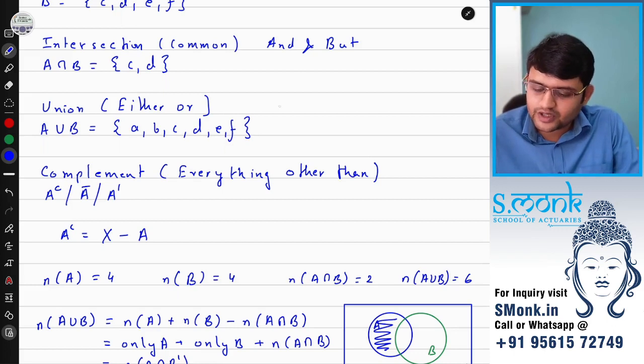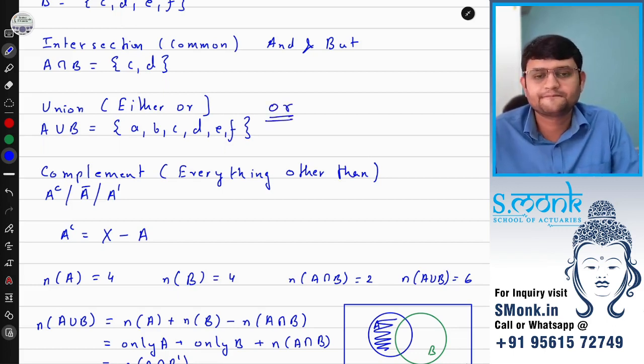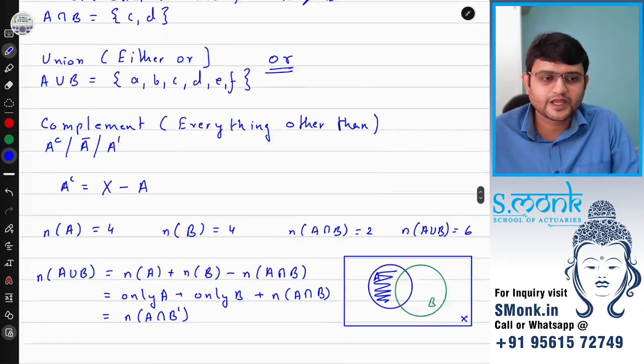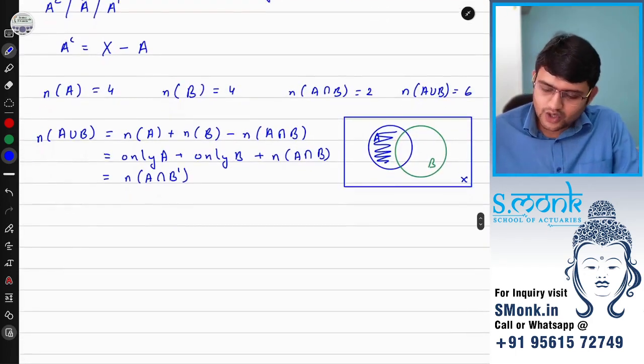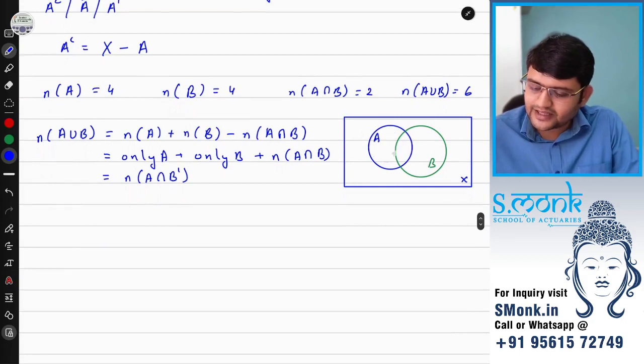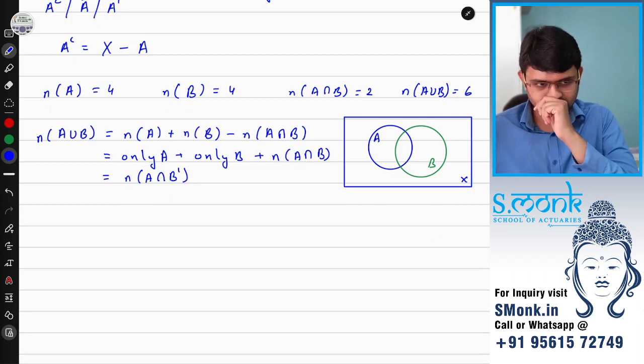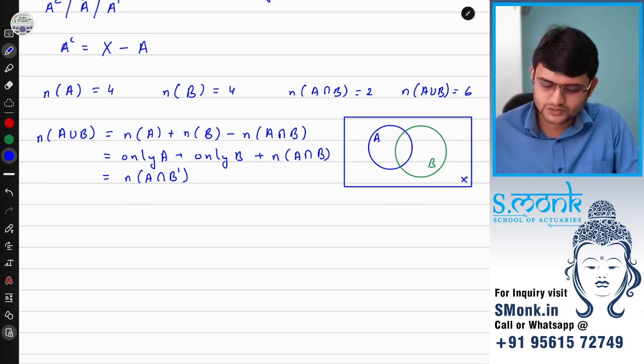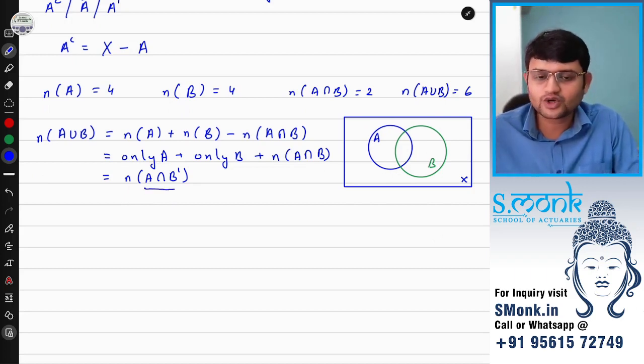Similarly, union is nothing but "or", either-or. So any element that is in A but is not in B would be represented as only A element. So that is A but not B.